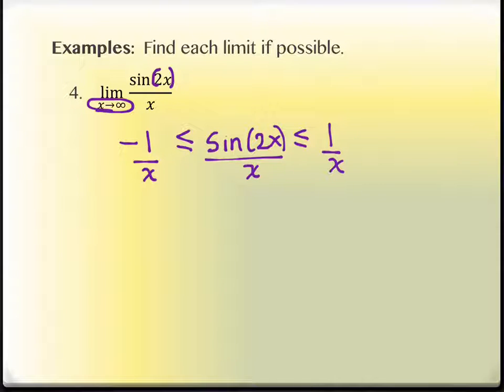That was awesome. Okay, so just like we're able to divide each of those three sides of the inequality by x, we're also allowed to take the limit of each of the three pieces. Make sense?